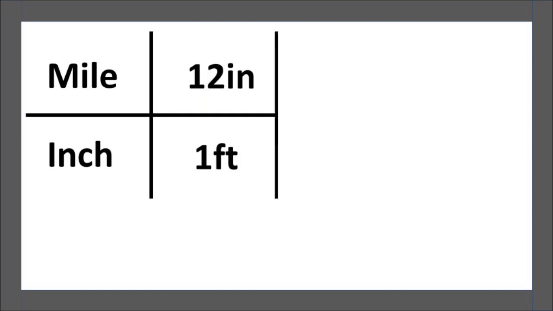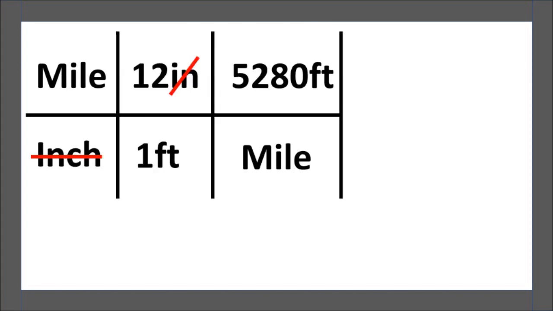Here we go, 12 inches is equal to 1 foot. We use that to cancel out the inches. We move on, 5,280 feet equals 1 mile. So now we have the ability to cancel out feet, and we have the ability to cancel out miles. And that's what we want to do because the ratio does not have any labels in it.